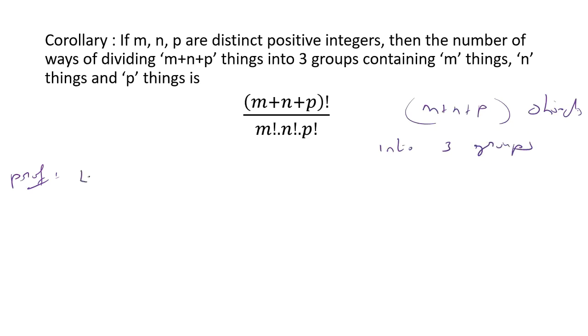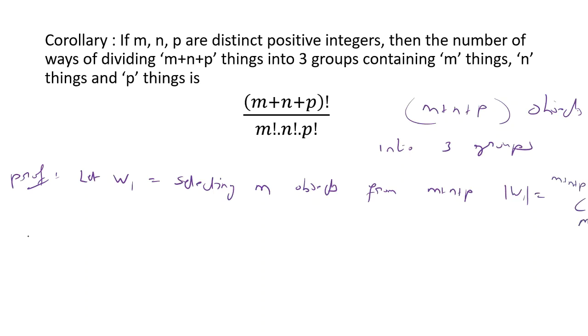So let W1 be selecting m objects from m plus n plus p. Therefore, the cardinality of W1 is m plus n plus p choose m, and W2 stands for selecting.